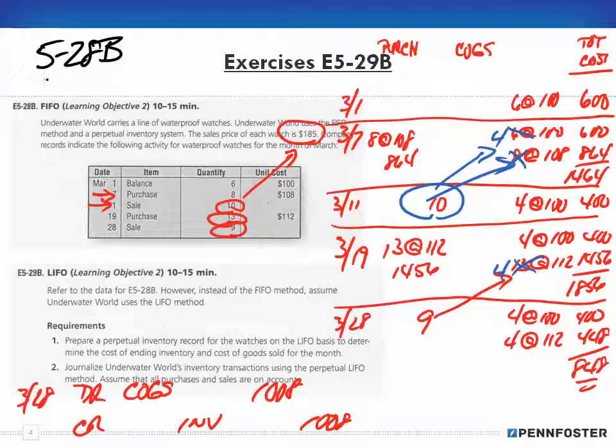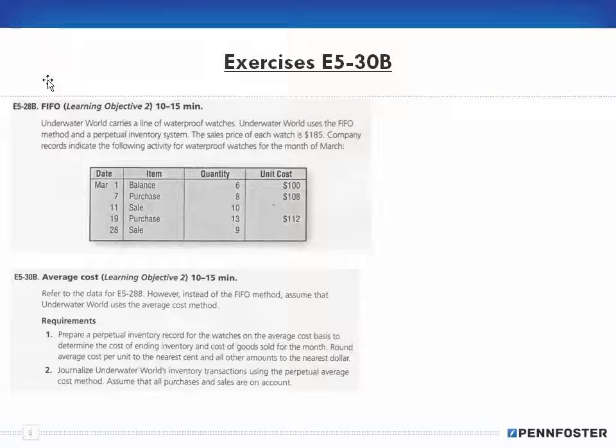Like I said, in 28B I explained where you're taking things out, FIFO versus LIFO, and that's what these two were about. But the next one will be average costing, which works in a slightly different manner. So I'll see you in that video.